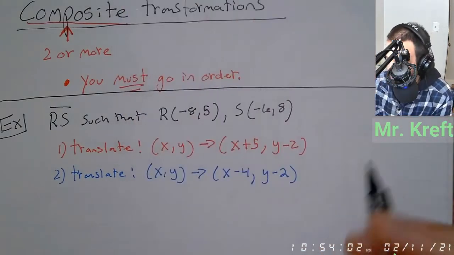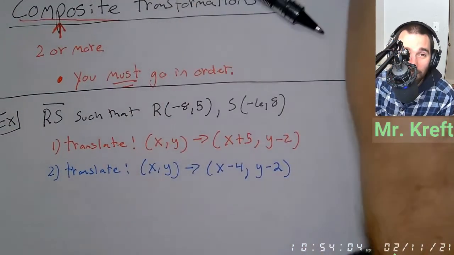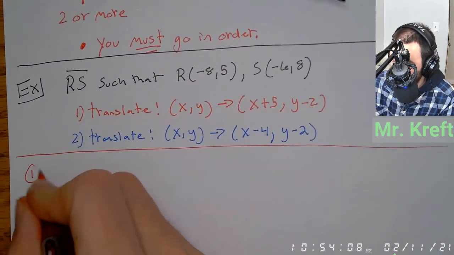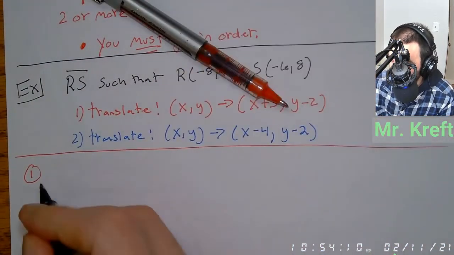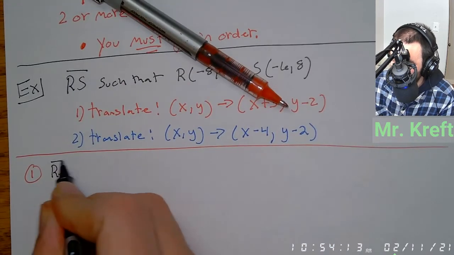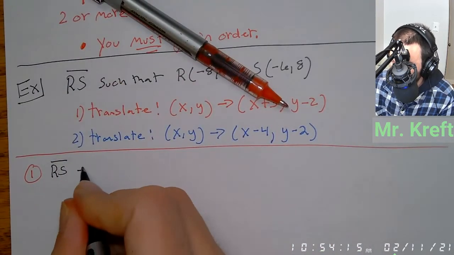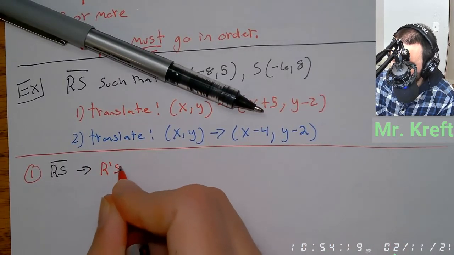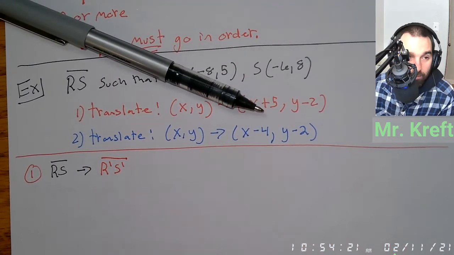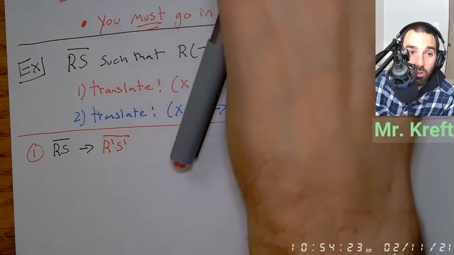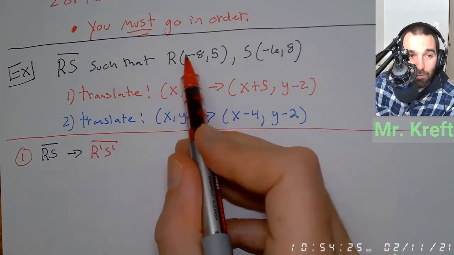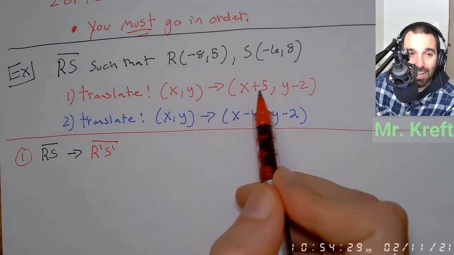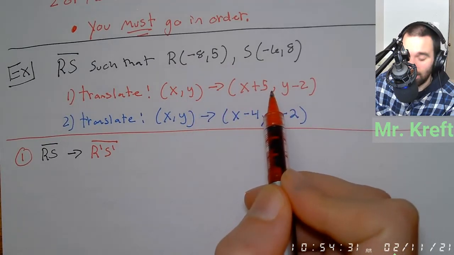Okay, so to do this, we're first going to do the first. You guys ready? So first, we're going to be going from segment RS to segment R prime S prime. To do that, we're going to take every point in RS and apply this formula.